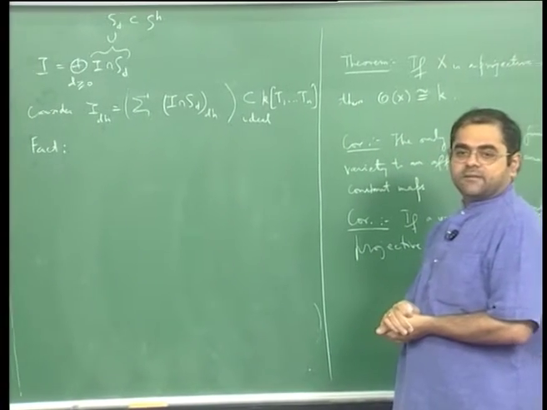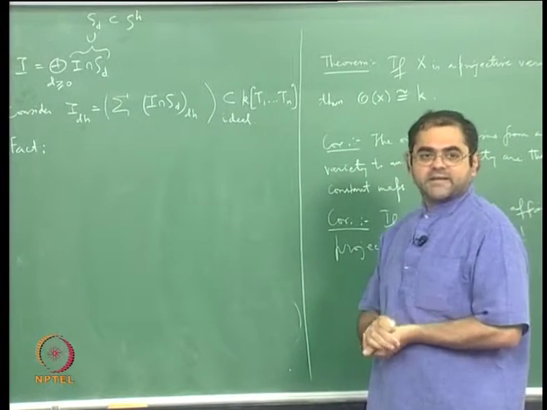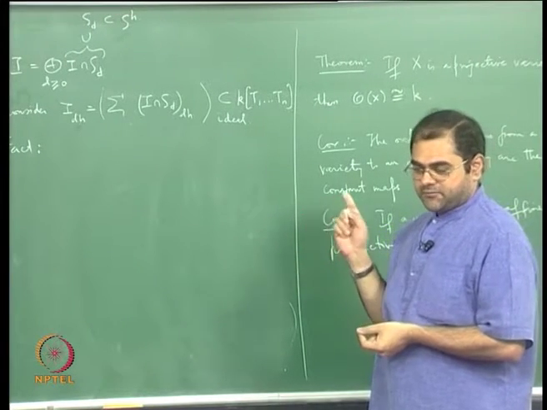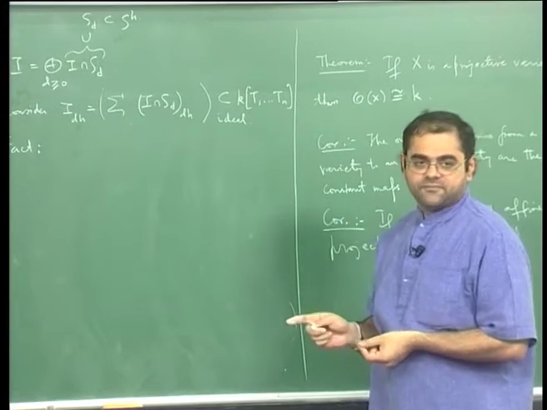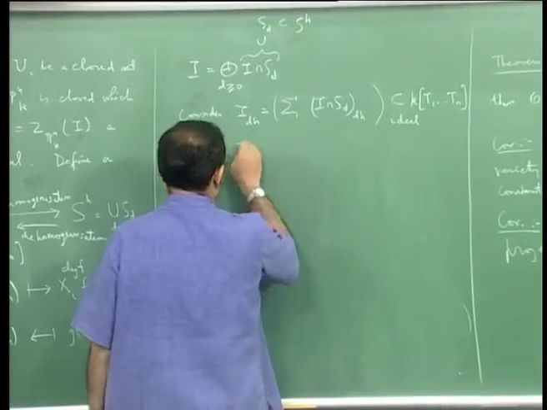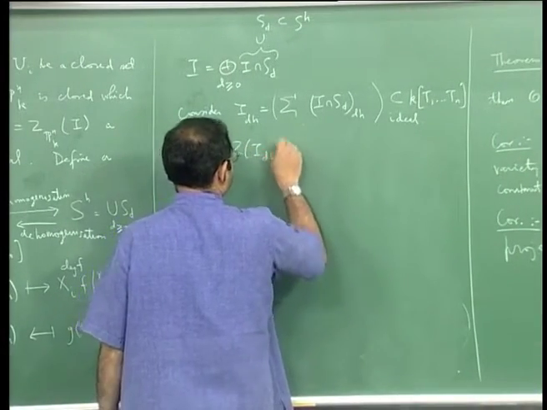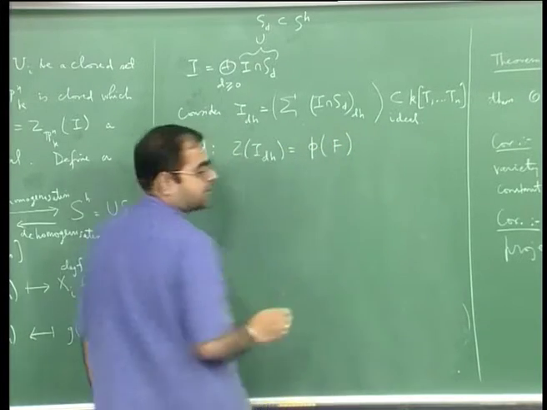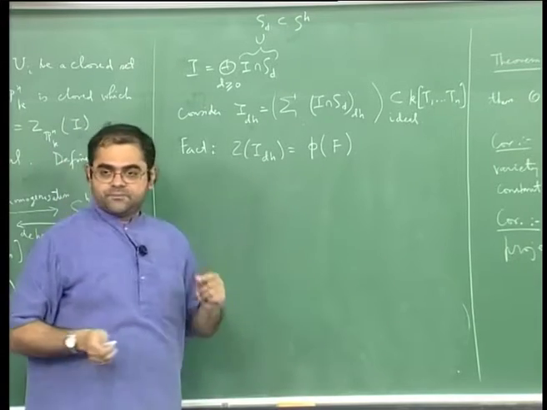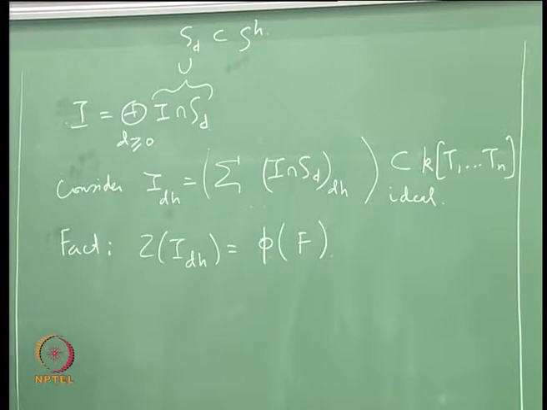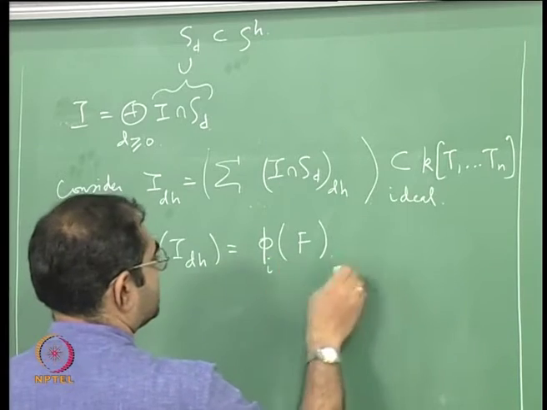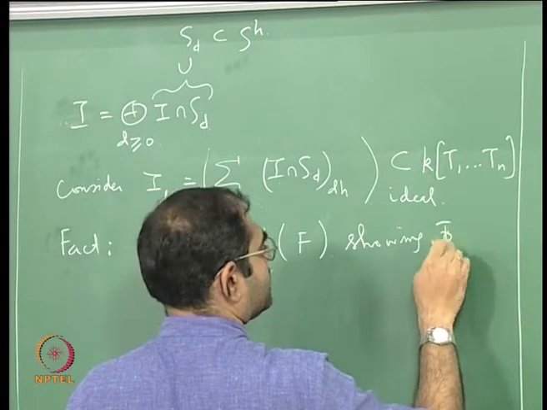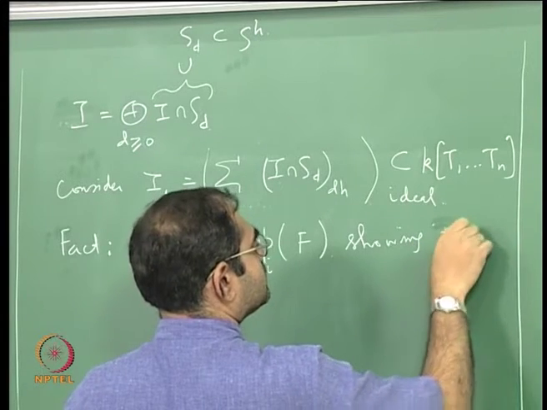This is an ideal there, and so it defines a closed set, and that closed set is actually the image under phi of f. So the fact is Z of I dh is equal to phi of f, which shows that phi is closed.